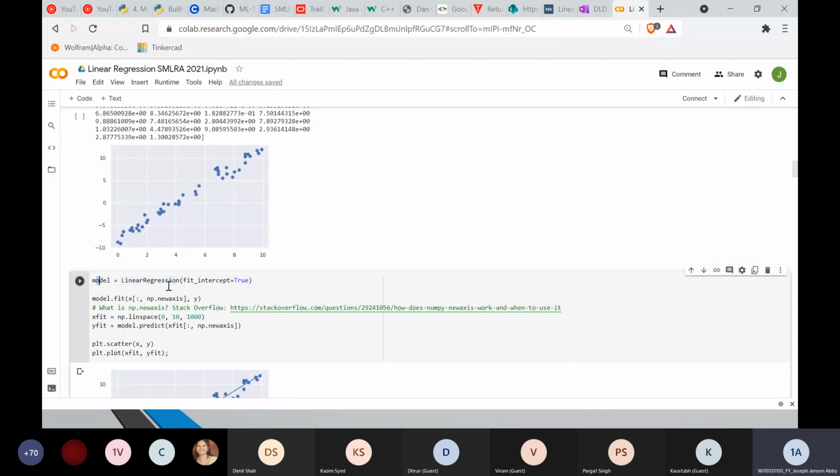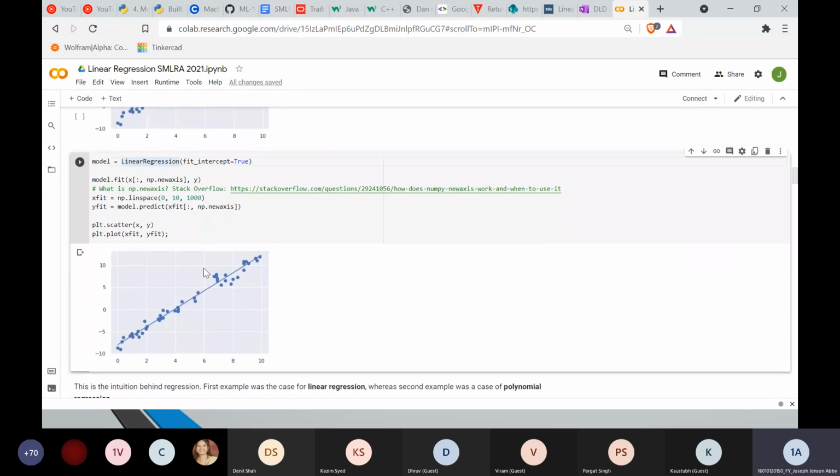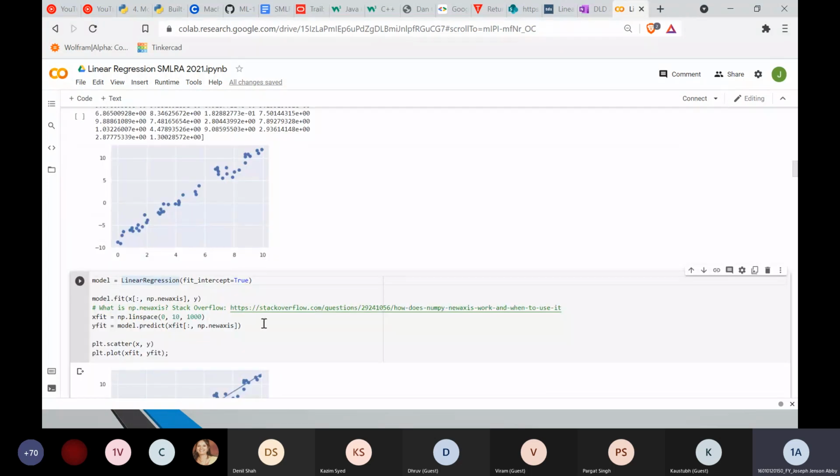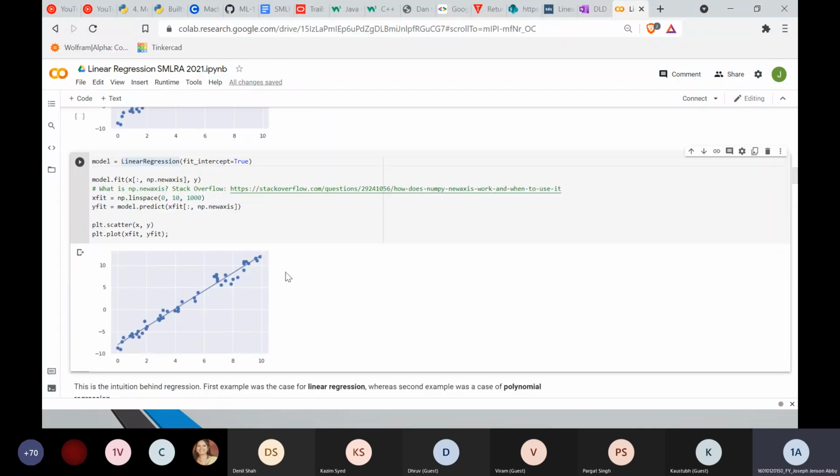We have created an object of LinearRegression. Don't worry too much about the code. Basically the method is doing everything for us. The logic is there in the method in the library. We are just plotting the line, taking the help of the library.